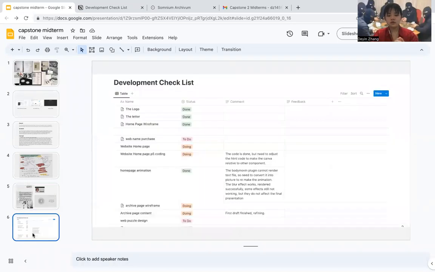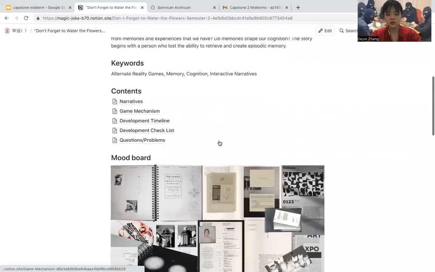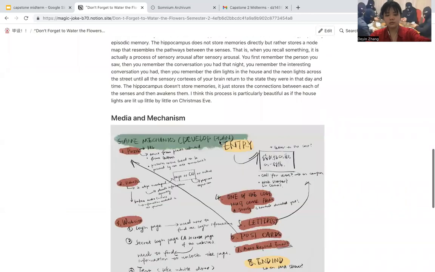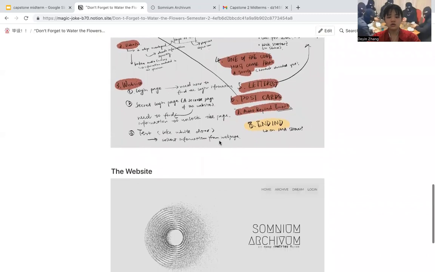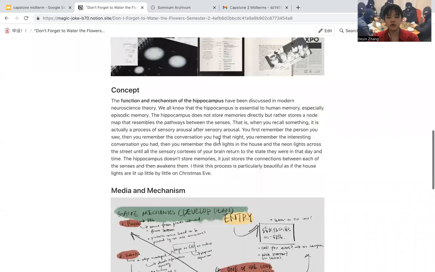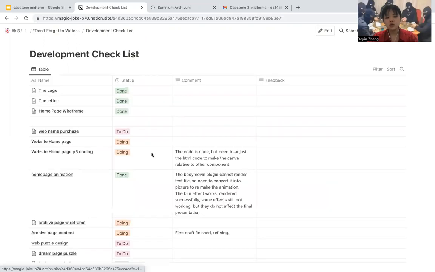I also have a Notion page to document in more detail this whole ARG. As you can see here, all the processes of development are on this Notion page, and I documented what I've done in different sections like narratives, game mechanisms, development timeline, checklist, and problems.